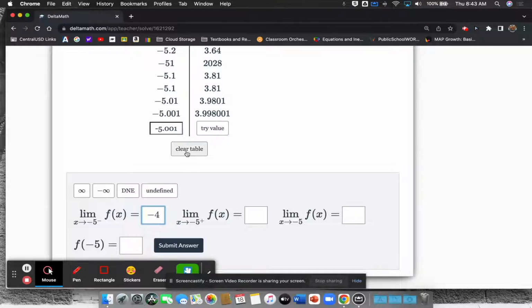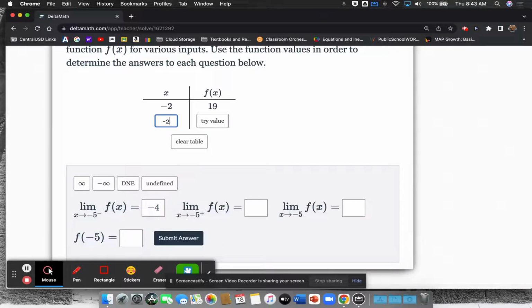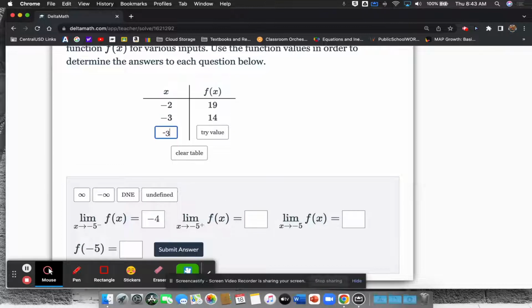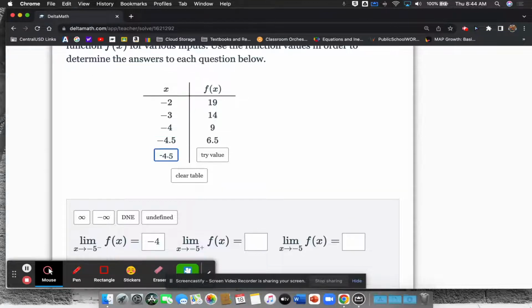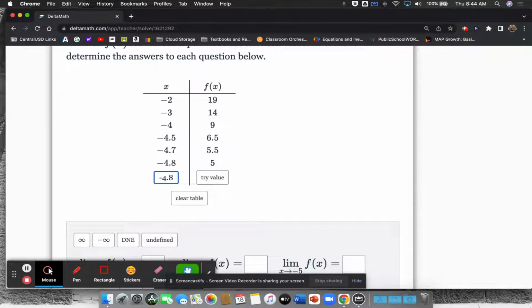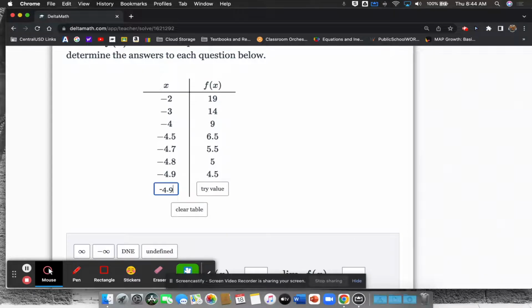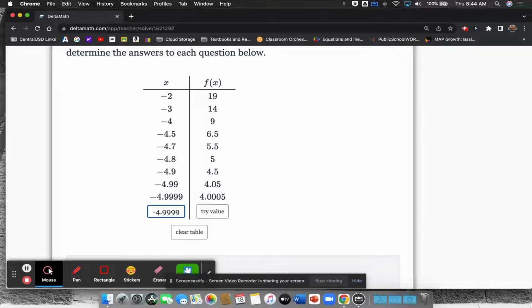Okay? So now let me clear the table and go to the other side. So let me start with -2, -3, -4, -4.5, -4.7, -4.8, -4.9, -4.99, -4.999.